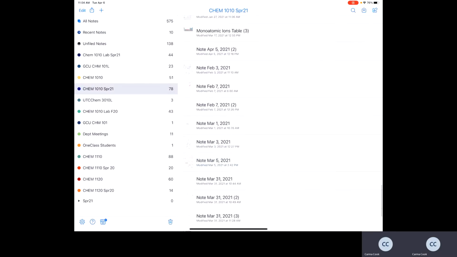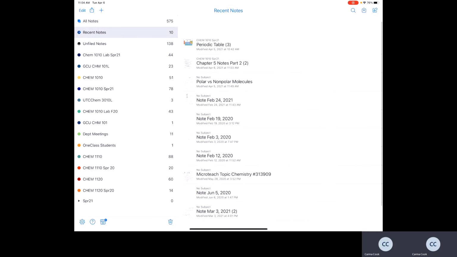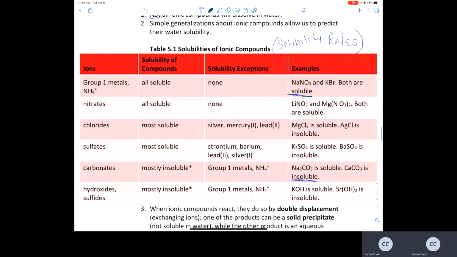So if an ionic compound contains one of those group 1 metals, or if it contains the ammonium polyatomic ion, then that salt will be soluble. No exceptions.